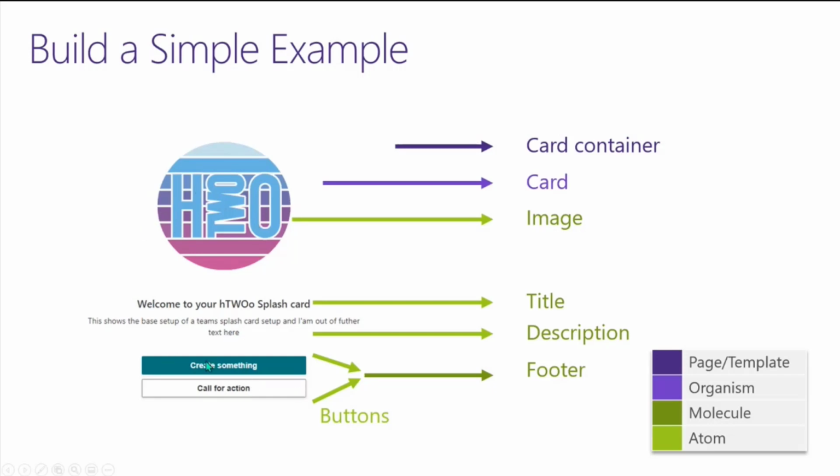Then they get merged together into higher order components. Two buttons together in this layout become the footer for the splash card, and the image, title, description, and footer all together become the card that is in the card container. These are the different levels of controls that we have in the library, and that's how everything is broken down.